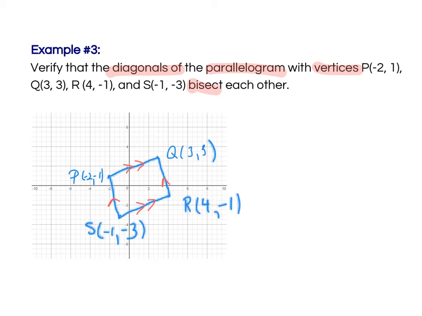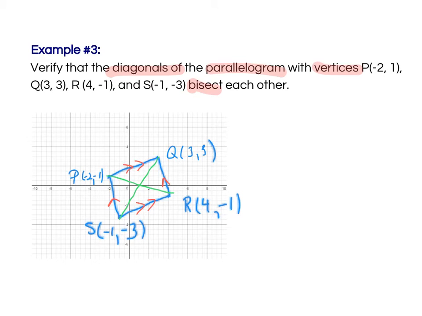But we want to know that the diagonals bisect each other. So diagonal means we're going to look at the opposite corners. So this is a diagonal here. QS is making a diagonal, and PR is making a diagonal.